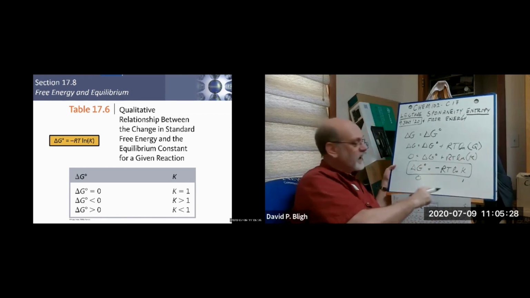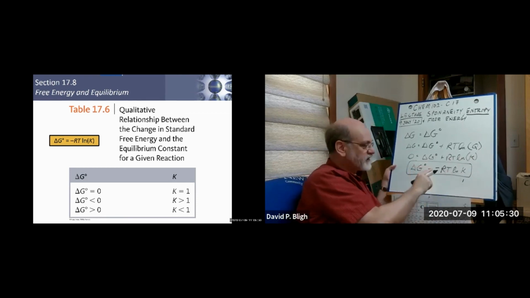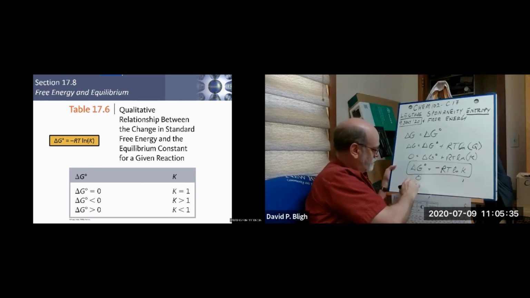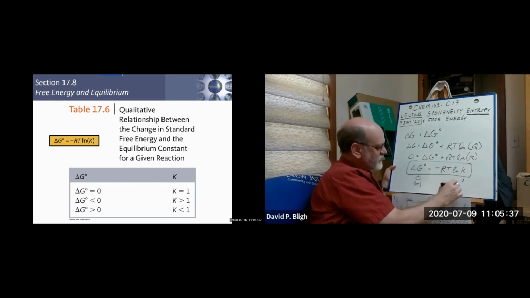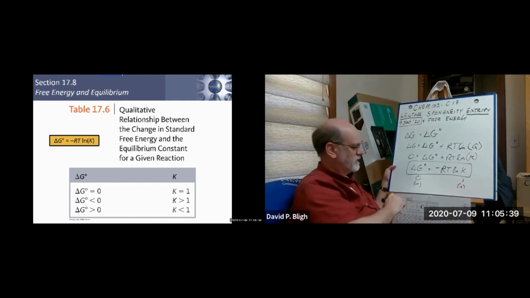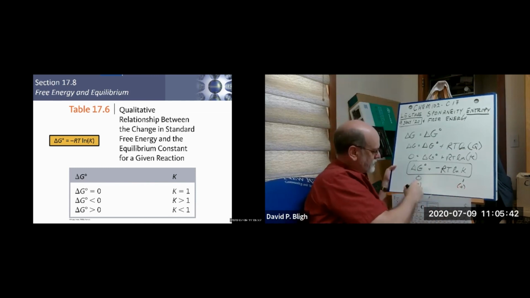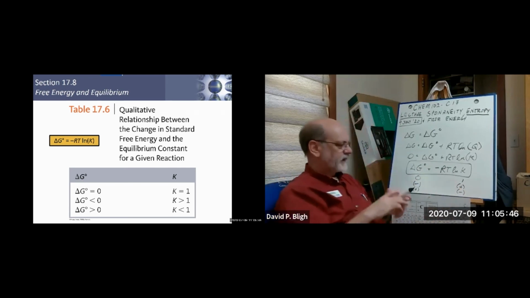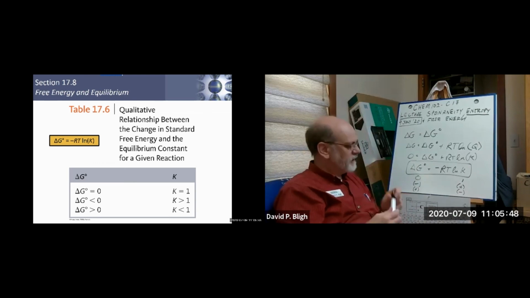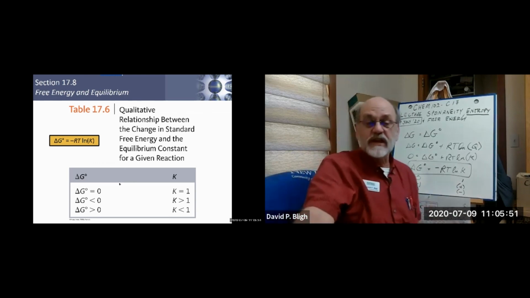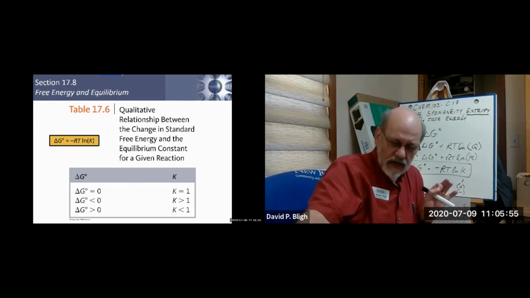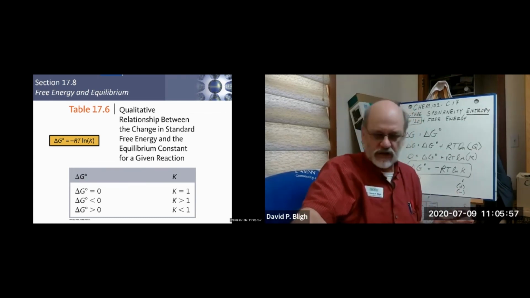And the only way that K can give us a positive value is if this is negative. K has to be positive, and vice versa. If this is positive, K has to be negative. Those are some generalizations we can make about the relationship of delta G under standard conditions and K.